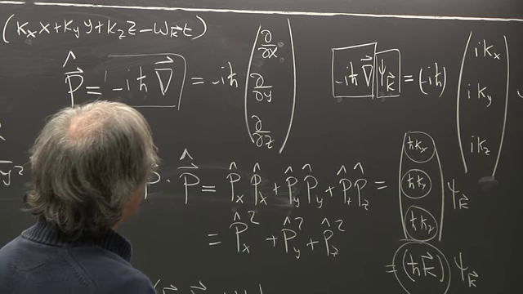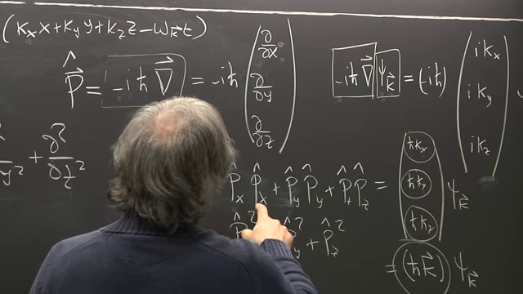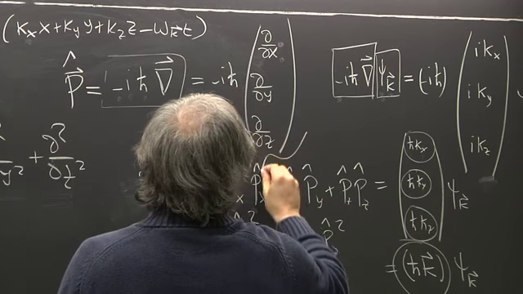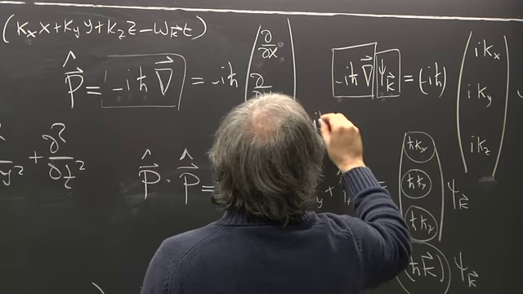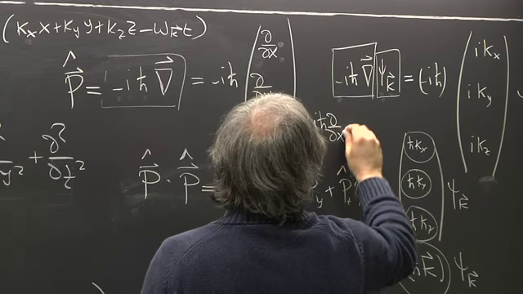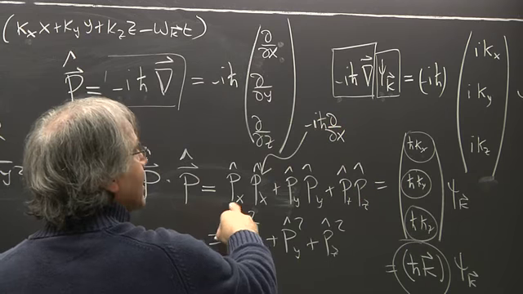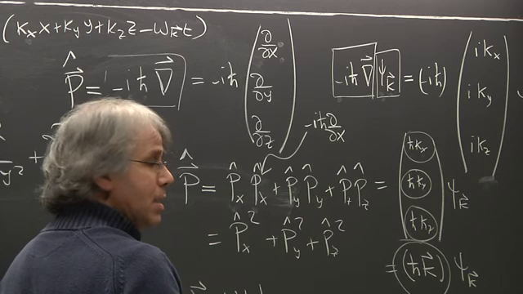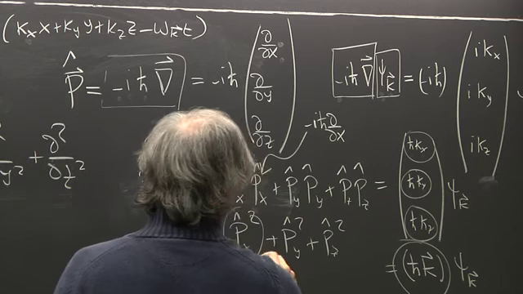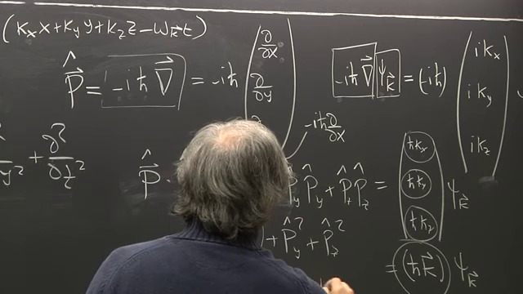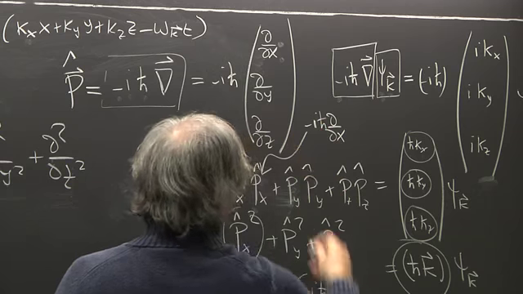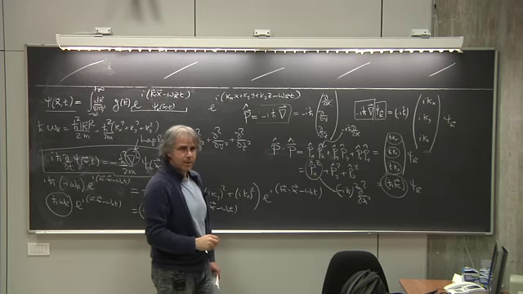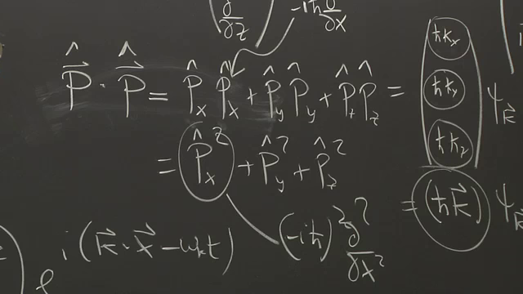Now, it's pretty clear that applying the operator one time means taking minus i h bar, the derivative with respect to x. Applying it one more time means applying one more derivative. So this object here is minus i h bar squared times a second derivative. It is the application 2 times of a derivative operator.